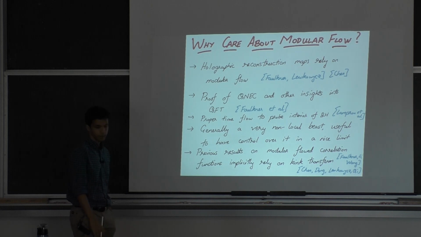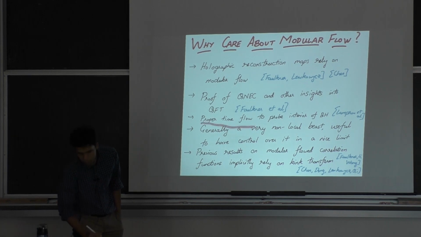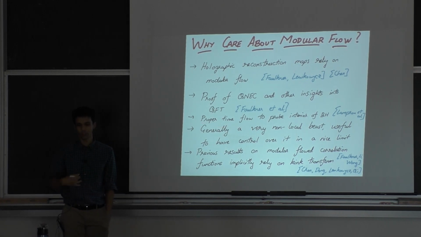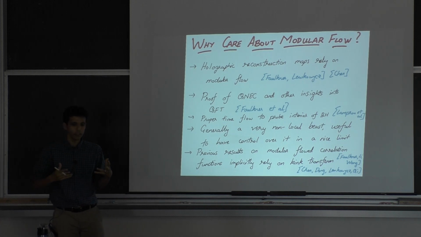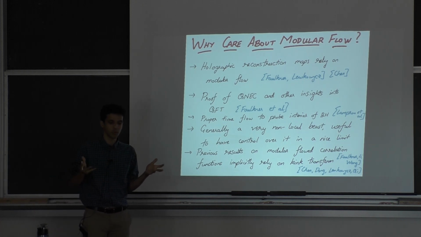Moreover, people like Lamprou have talked about the proper time flow in the bulk, which is also given by some modular flow. In general, it's a pretty complicated thing, as you already pointed out. There are no nice situations where we can actually get a handle on this, so it's useful to have control over it in some nice limit.